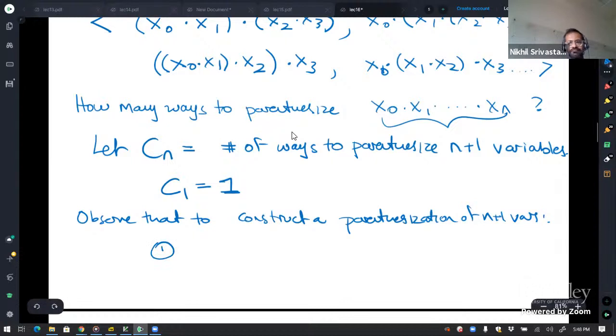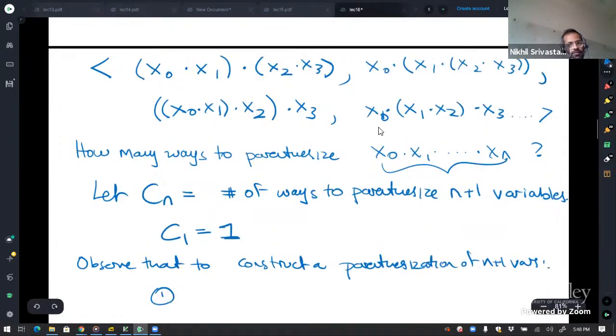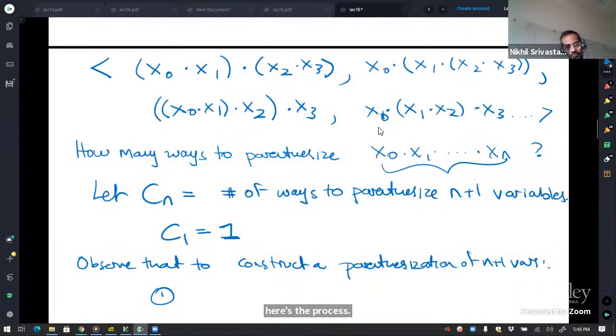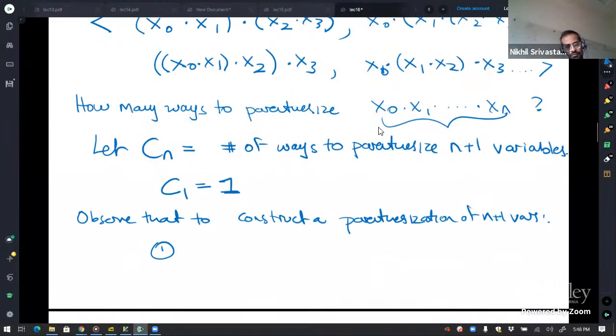Here's the process. So let's see, let me make sure I have this right. I'm not sure I want to allow 3. Let me just check this for a moment.